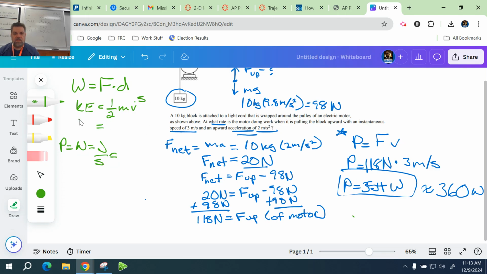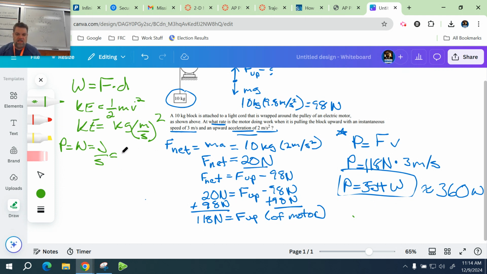So if we think of this in terms of dimensional analysis, it's going to be kilogram meters per second squared. This should be squared. So that makes this meters per second squared, okay?